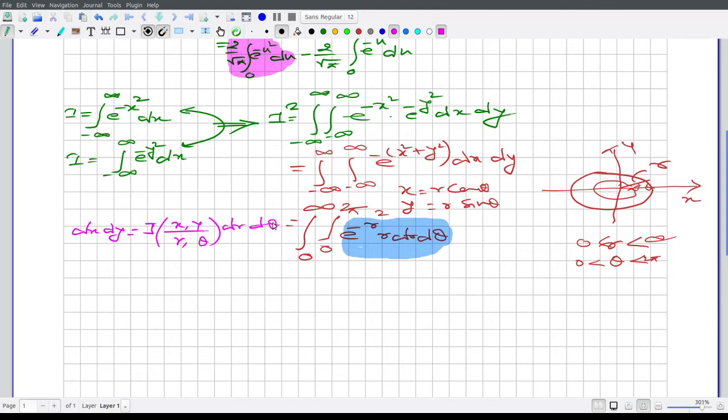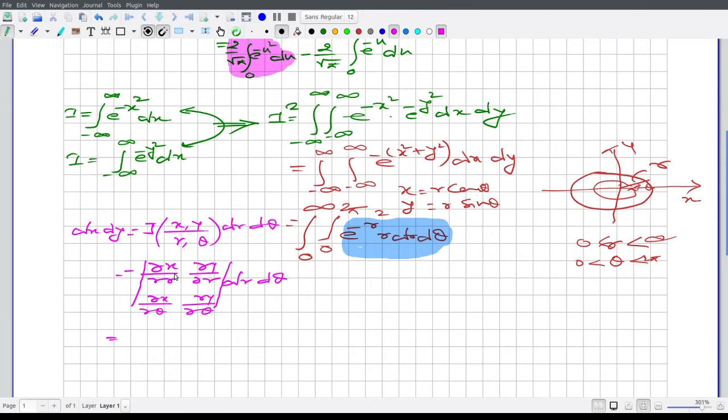This formula is valid for every transformation. Jacobian is an advanced concept, where this Jacobian can be written as the determinant of del x by del r, del y by del r, and next del x by del theta, del y by del theta.